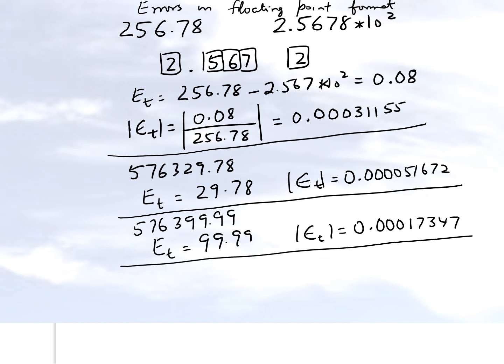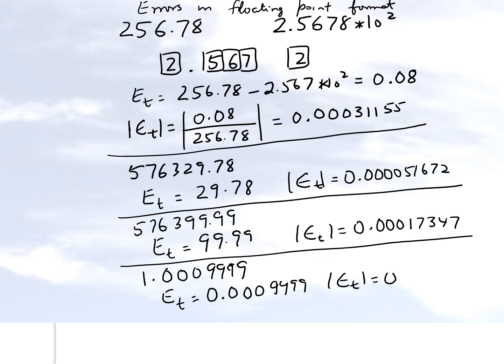Let's take another number here. In this case, you'll get the true error of this number, and the relative true error would be this.